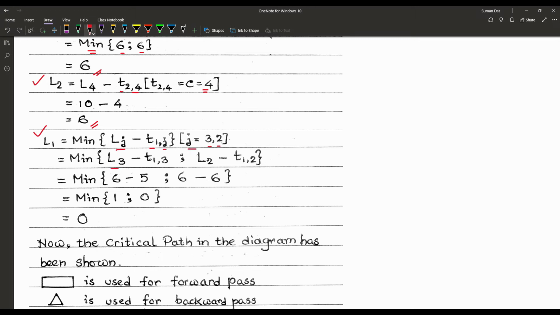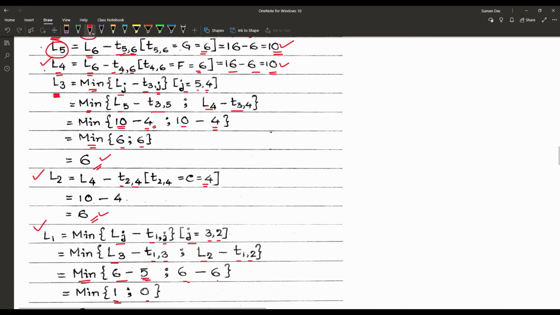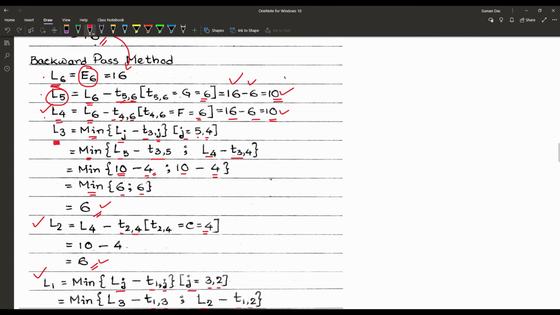The minimum of L3 minus T1,3 and L2 minus T1,2. So the minimum of 6 minus 5. We have already found L3, that is 6, and minus 5, that is our time. So that is 1. And finally L2 was 6, so 6 minus 6 is 0, and the minimum is 0. In that way we have found L1 to L6 and E1 to E6.